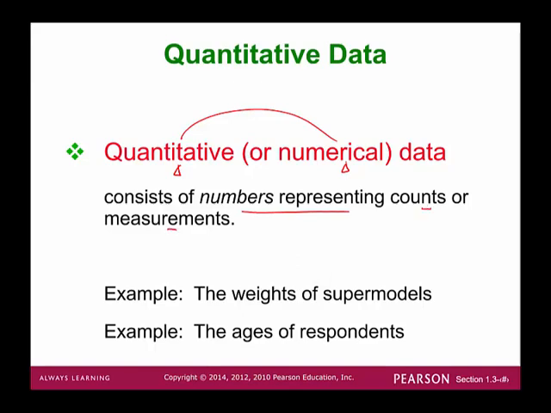For example, you can say the weight of the supermodels, let's say 100 pounds, 101 pounds, something like that. They definitely are numerical data, used to represent the characteristics of the weight of the models. And also the age of the respondents. That's definitely numerical data.